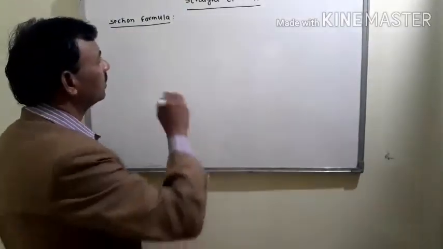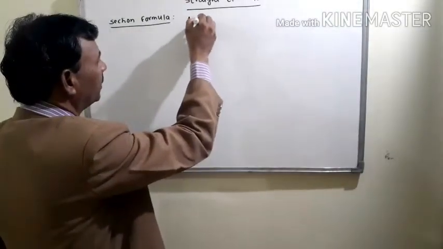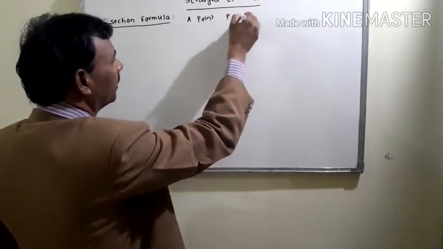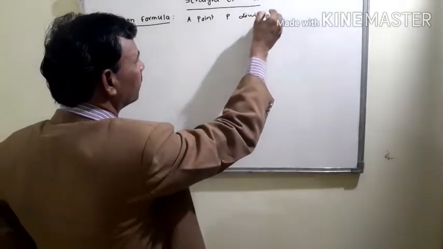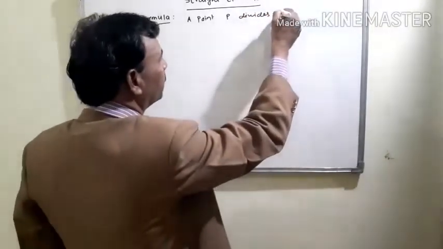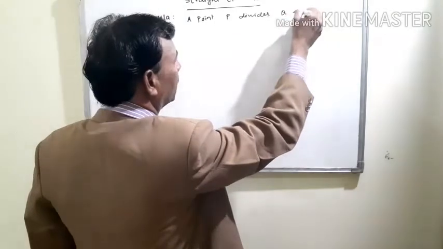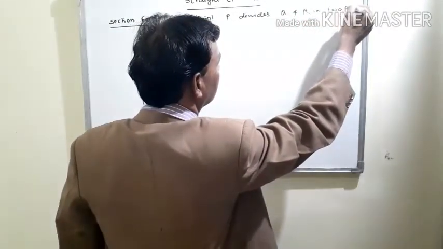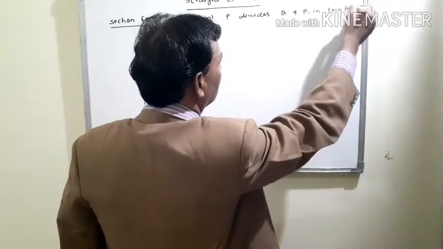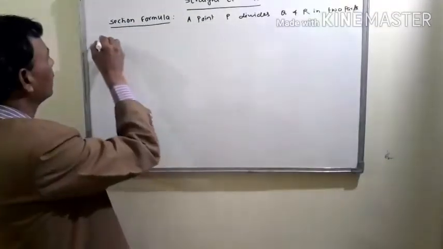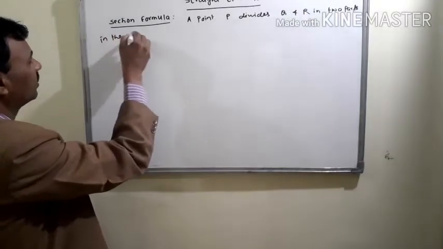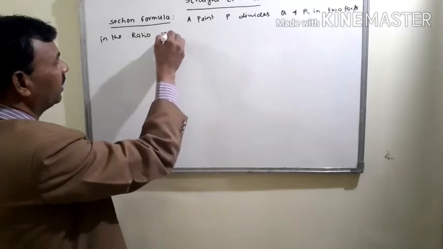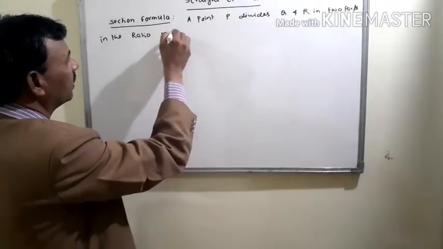Suppose a point P divides Q and R in two parts in the ratio M1 is to M2.